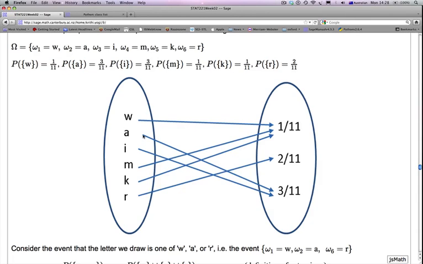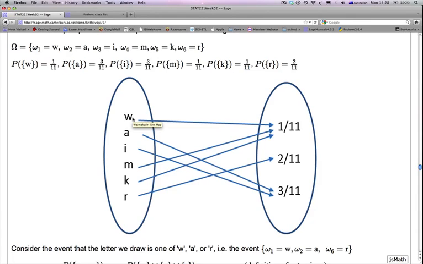But there are 3 A's and 3 I's, so the probability of drawing an A or an I is 3 over 11.